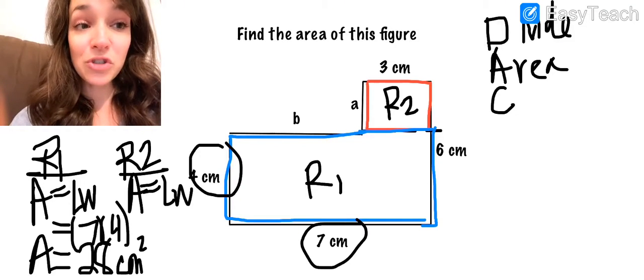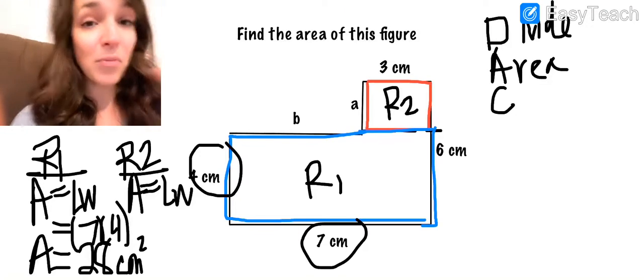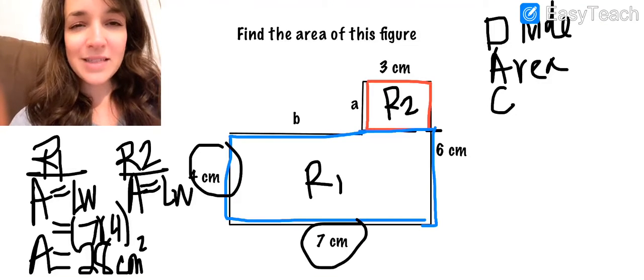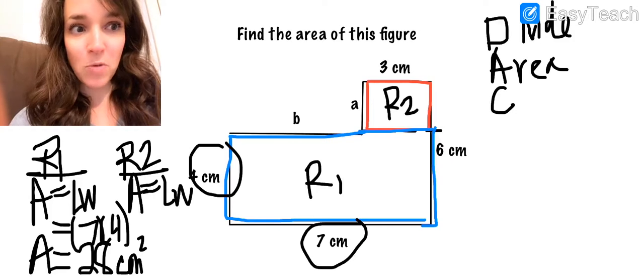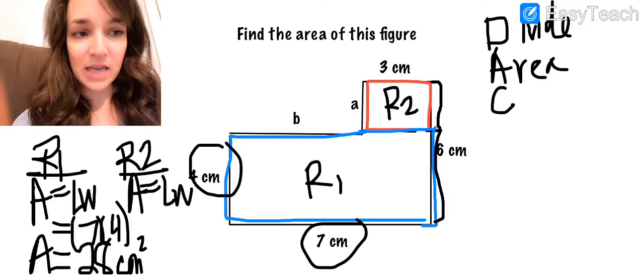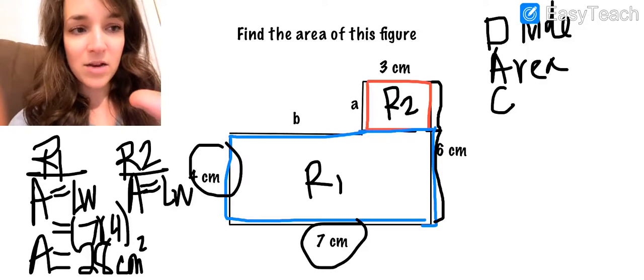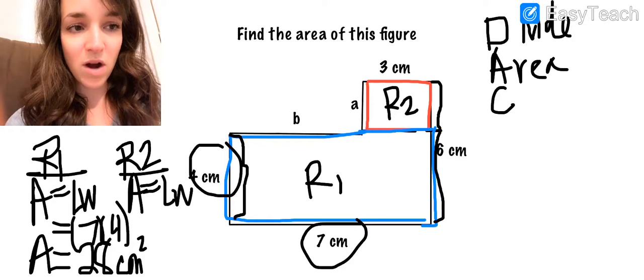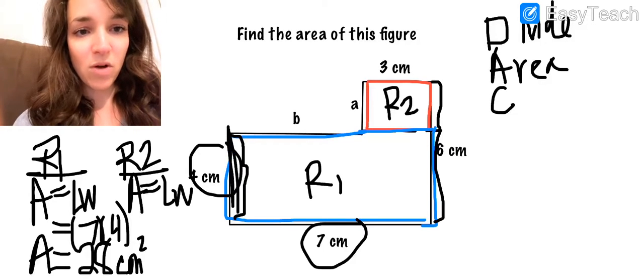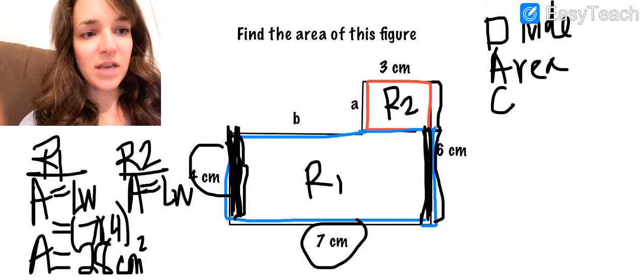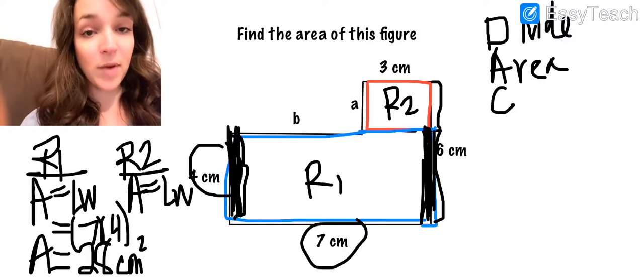So then let's look at rectangle 2. On rectangle 2, I'm given the length, but problem, I don't see a width here. So let's look at what we do know and see if we can determine what it is. So if I know that this whole distance here is 6, okay, and I know that this distance over here is 4, remember, this 4 right here is going to correspond with this side over here because that's a rectangle, so that's a property of the rectangle.